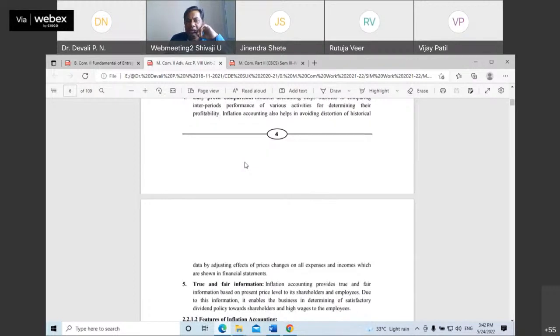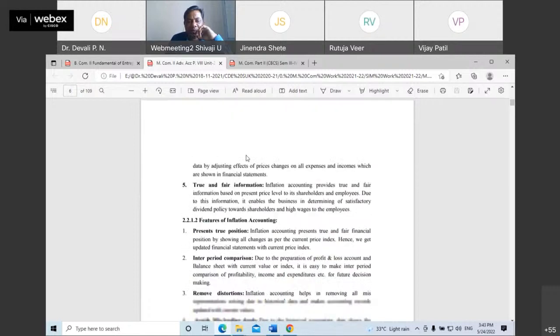Inflation accounting works the same way, and it avoids the distortion of historical data by adjusting for the effects of price changes in respect of the expenses and the income which are shown in the financial statement. So generally we can determine the particular figures in respect of this.